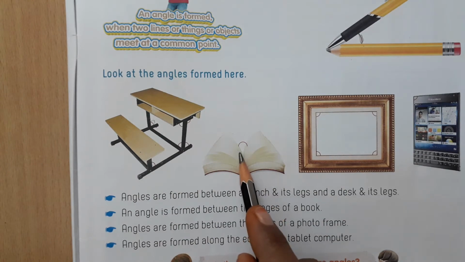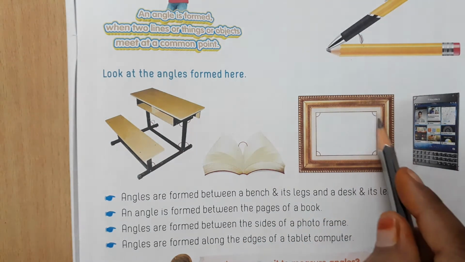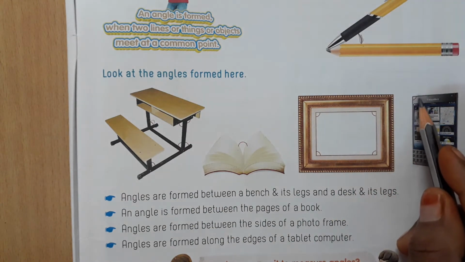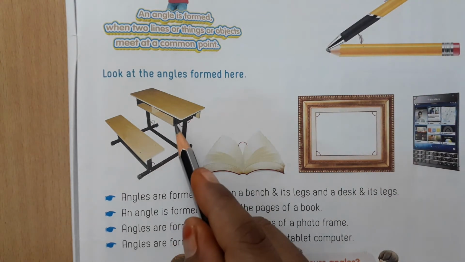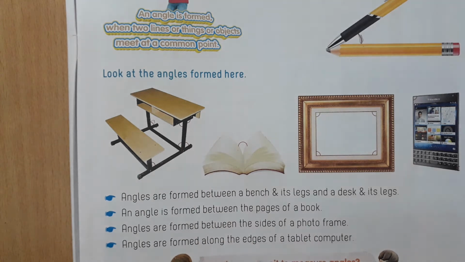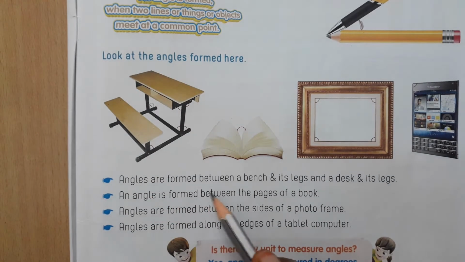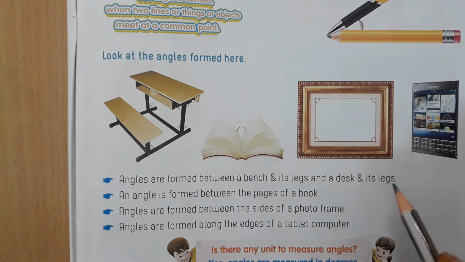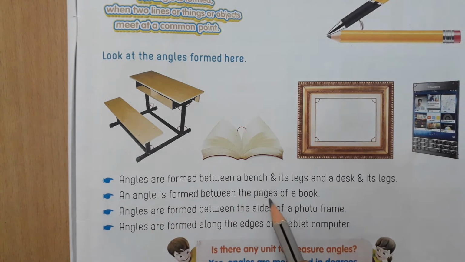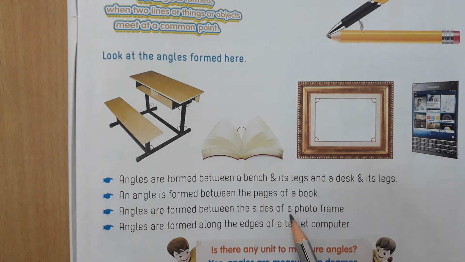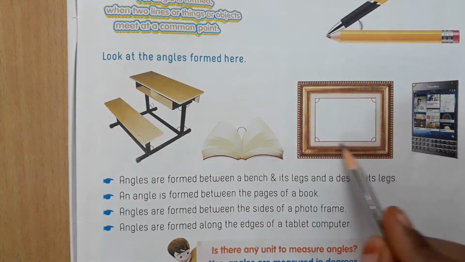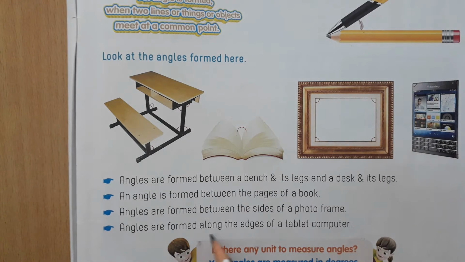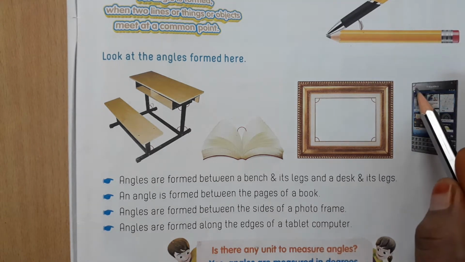Between the pages, photo frames, tablet, benches, desk. So angles are formed between a bench and its legs and a desk and its legs. An angle is formed between the pages of a book. Angles are formed between the sides of a photo frame. Angles are formed along the edges of a tablet computer.